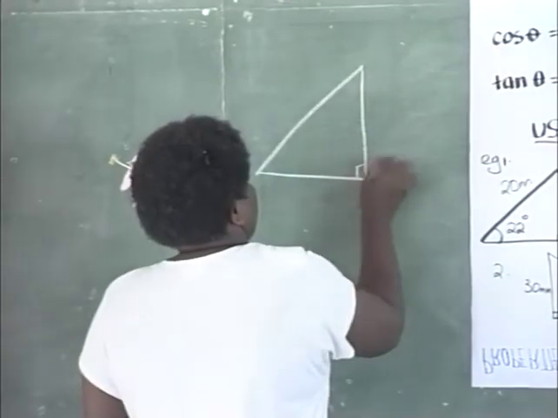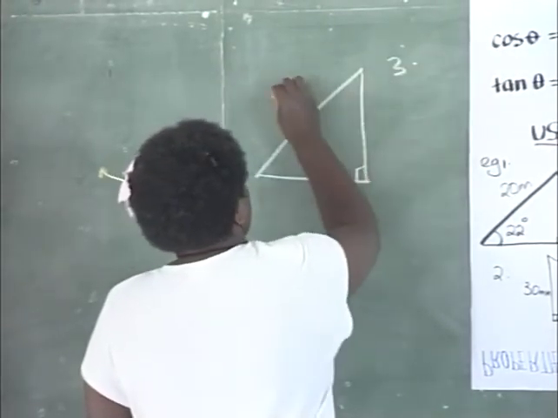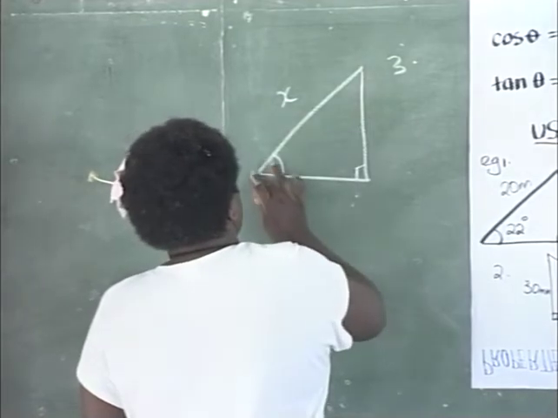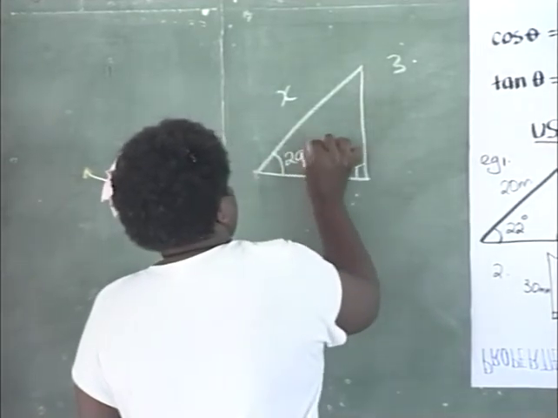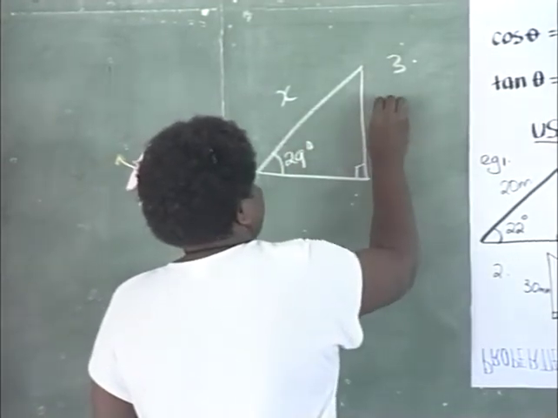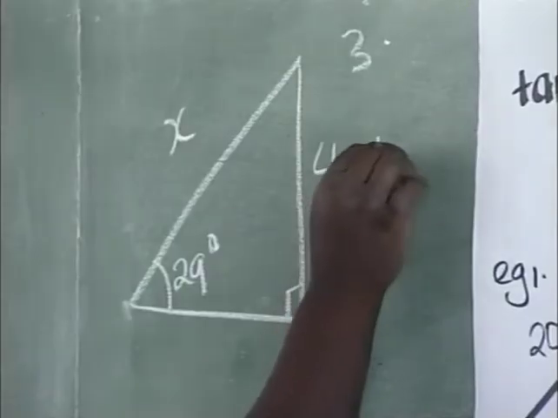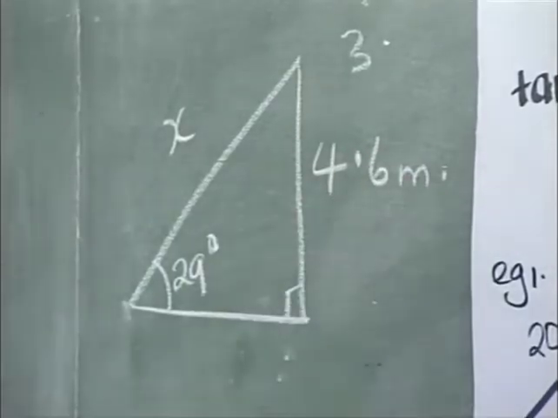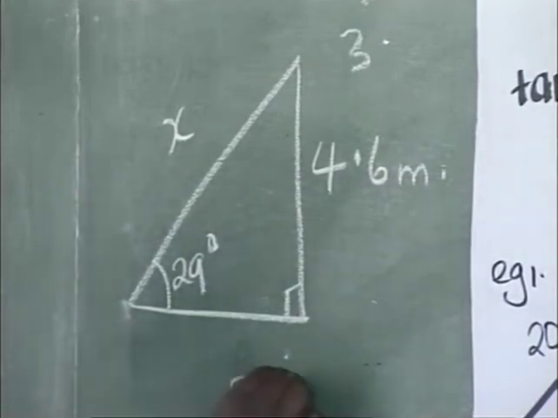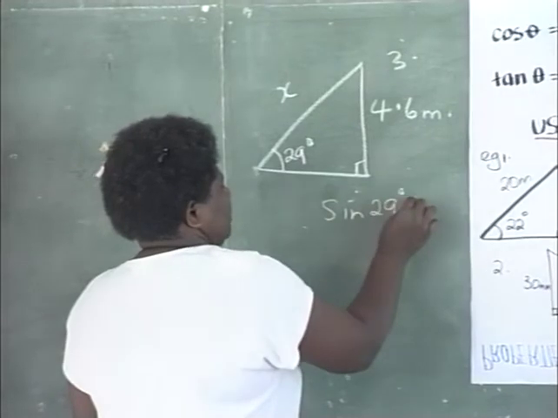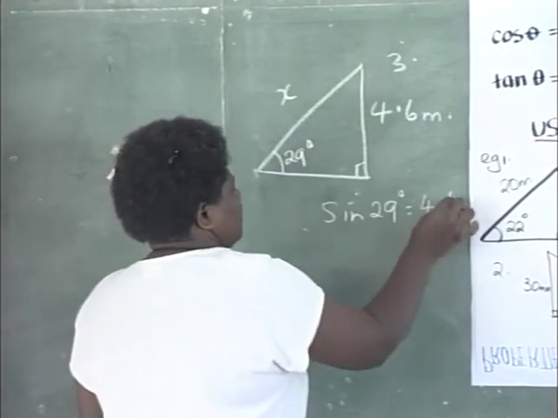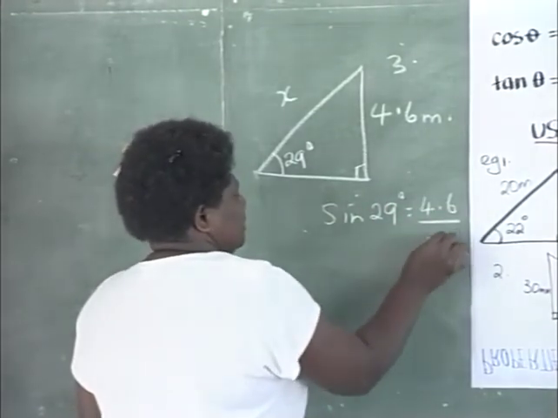Example number 3, I'll draw it on the board. This time I want to find the hypotenuse. Sine of 29 degrees will be equal to 4.6 over x.